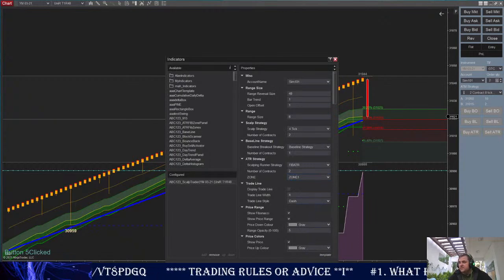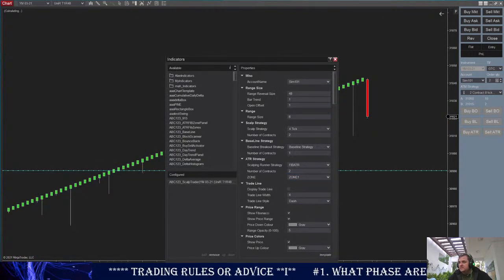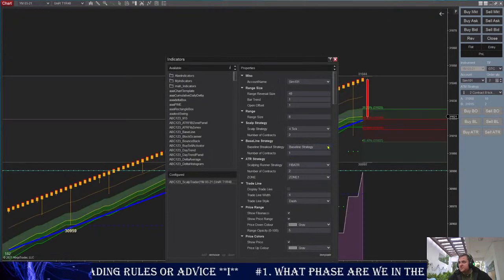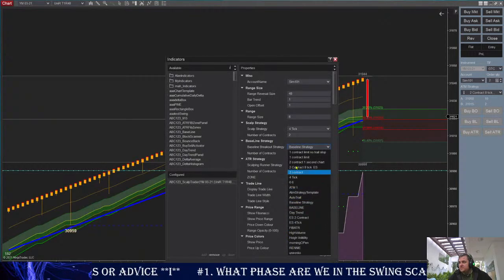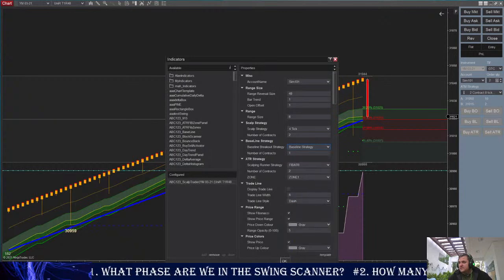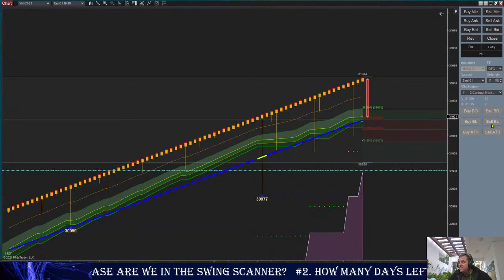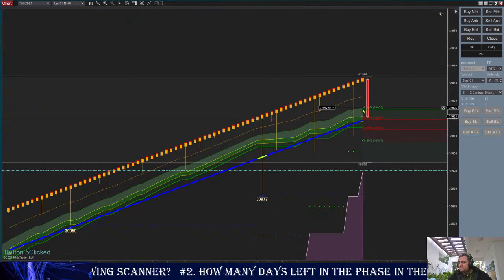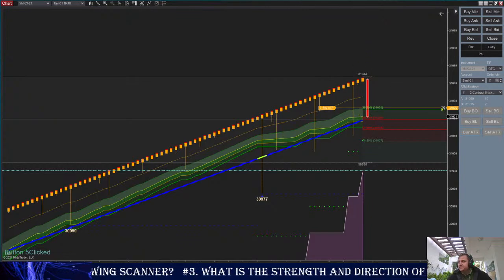Nope, can't use Zone 2 right now. And I'm using my baseline strategy. I can create any strategy I want to use, right? Now if I go buy ATR, see how it's on this line? You're watching it live and saying, okay, it feels right. Instead of me right-clicking this or using the Superdome and all that, it automatically puts it right at that level for you, and away you go.